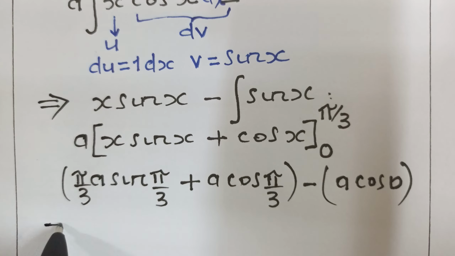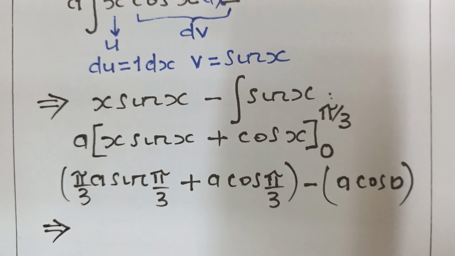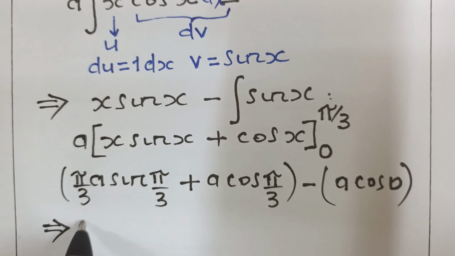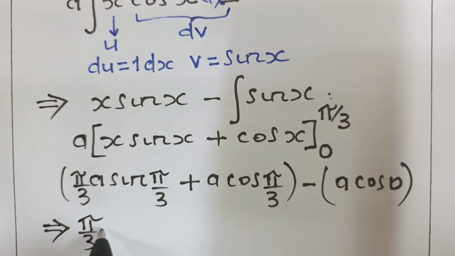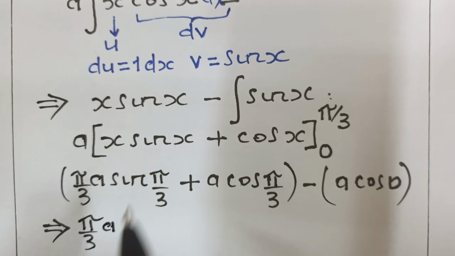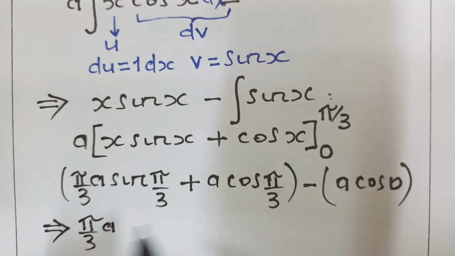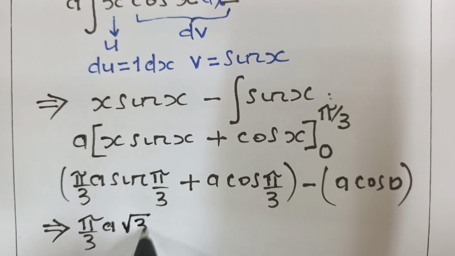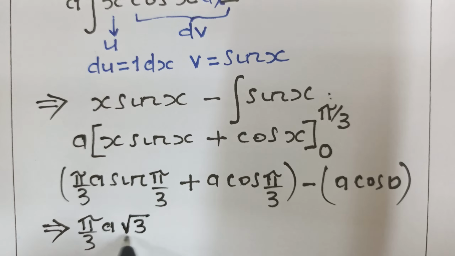And now we continue. So for this term, we have pi over 3 a, and then sine pi over 3 is actually equal to square root of 3 all over 2.